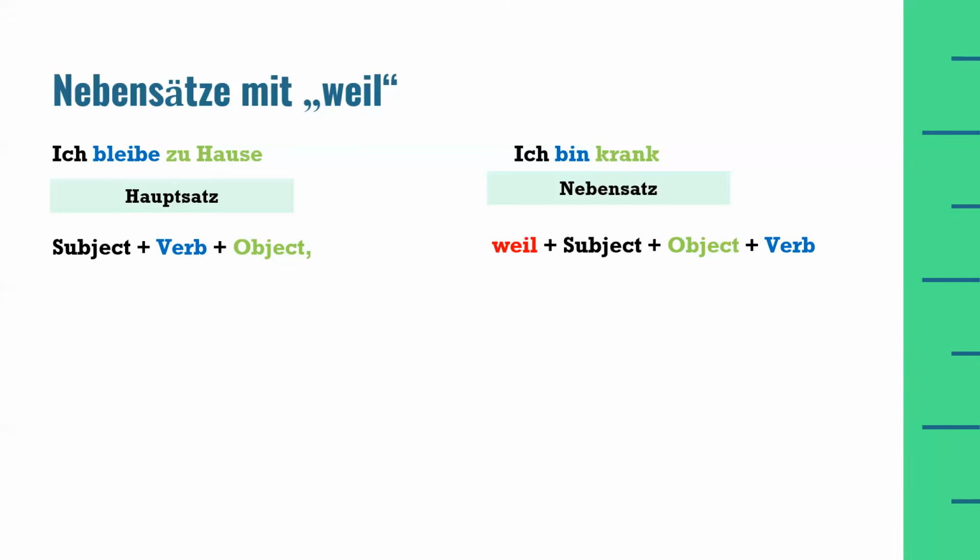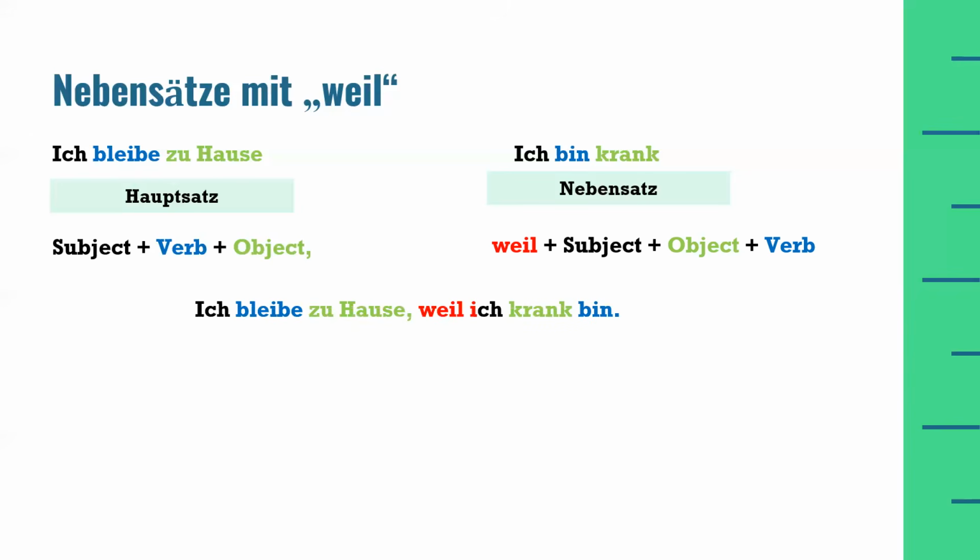So it's very important that you get familiar with this sentence structure in case of using conjunctions, especially weil, for example. Now let's combine the above two sentences by using this conjunction weil and see how these two sentences will be transformed when we want to connect them with the help of the conjunction weil.